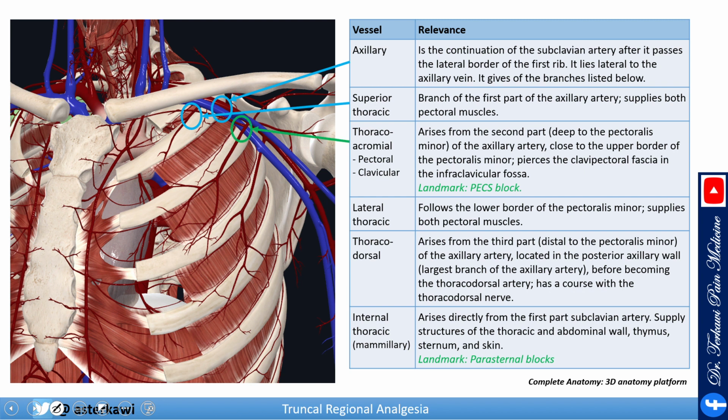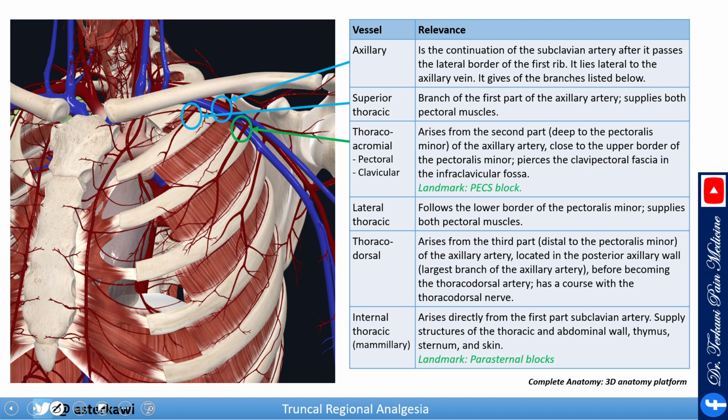And then we have the thoracoacromial branch, which has pectoral and clavicular sub-branches. It arises from the second part of the axillary artery, deep to the pectoralis minor, and close to the upper border of the pectoralis minor.